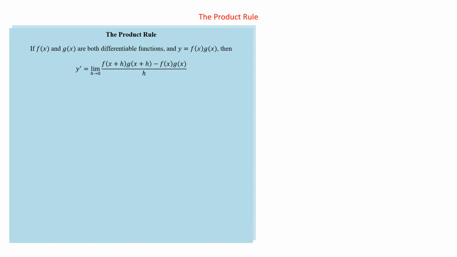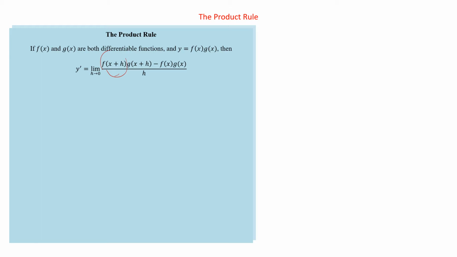We had to plug in x plus h to both of them, minus f of x g of x over h. So that's just the definition. And we can't separate these guys at all because we don't know what kind of function it is. We just have to go with it.